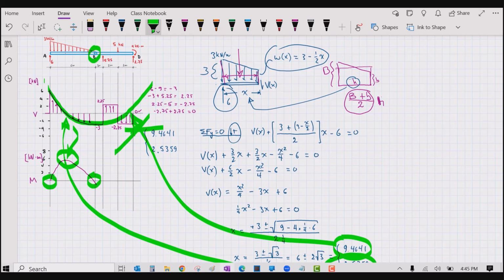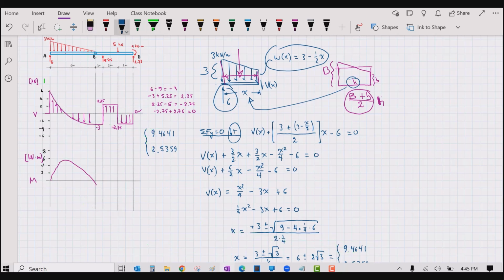We're going to do that based on the shear equation by applying the integral. Let's make a little cleaning here. Moment equation. So we're going to integrate this equation. Moment of x is equal to the integral of V of x dx.